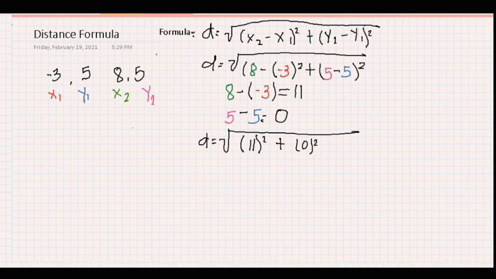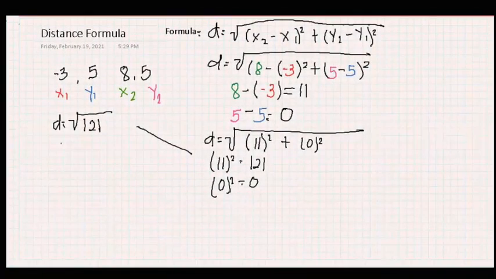Next, d is equal to the square root of 8 minus negative 3, which is 11 squared, plus 5 minus 5 squared, which is 0 squared. Next, d is equal to the square root of 11 squared, which is 121, plus 0 squared, which is 0.